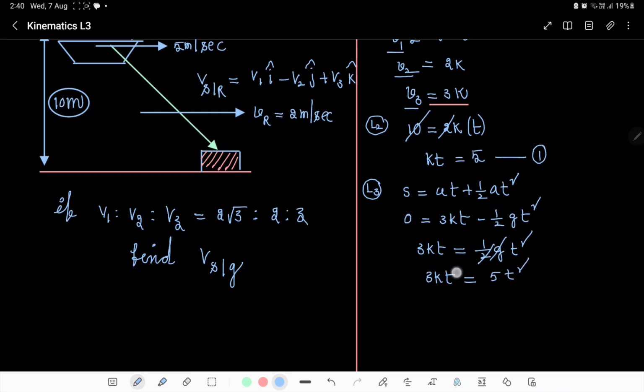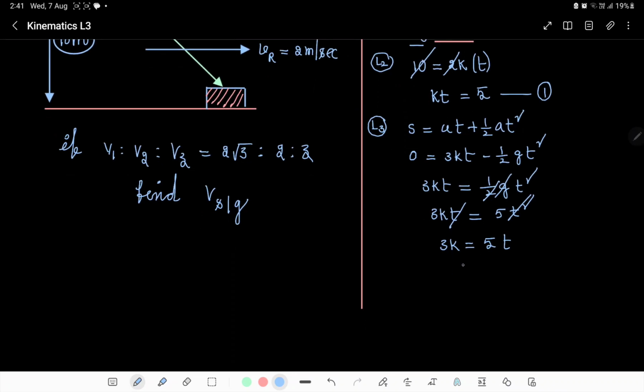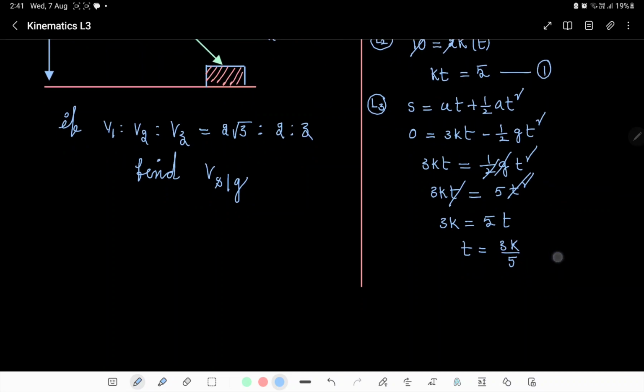So this t and this t get cancelled. Therefore 3k equals 5t, so the t value is 3k by 5. Let that be equation 2.